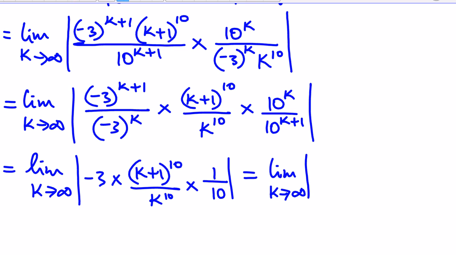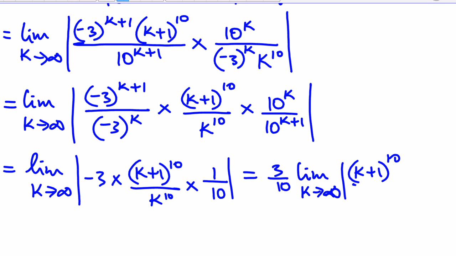Now, I can take 3 over 10 outside, because the absolute value of -3 is just 3 over 10. Limit as k approaches infinity of (k+1)^10 over k^10. And (k+1)^10 is just a polynomial whose highest degree is 10, over k^10.